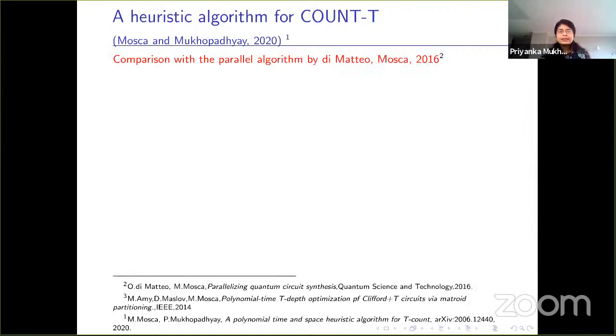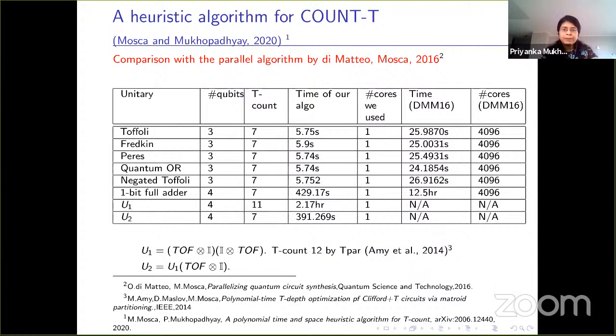Now we have synthesized some benchmark circuits, as well as some random circuits. First I show the comparison with the parallel algorithm developed by Olivier Di Matteo and Michele Mosca. Before our work, this was the fastest, a parallelized version of the algorithm by Gosset, Kliuchnikov, Mosca, and Russo. They used 4,096 cores.